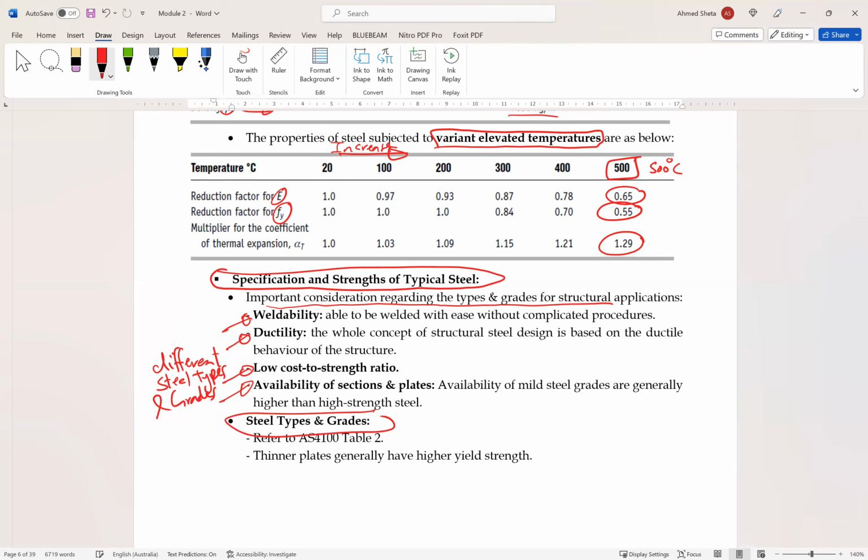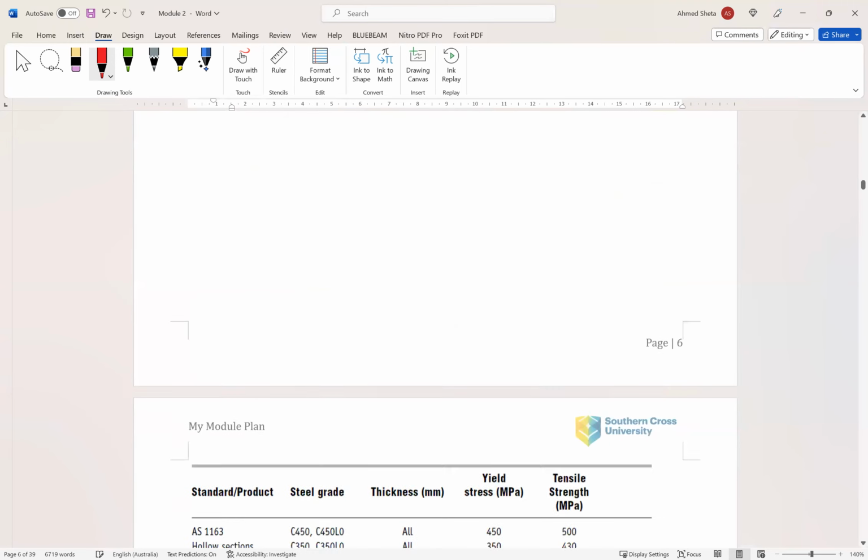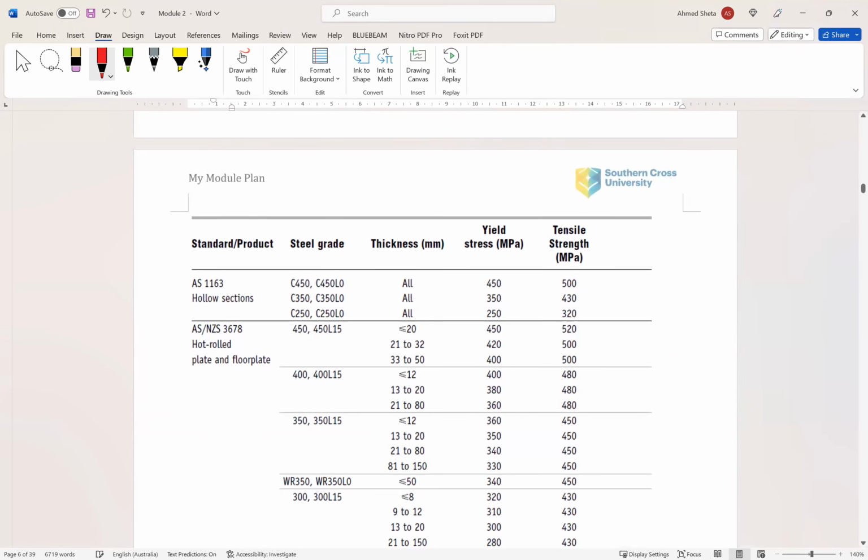Steel types and grades are based on AS 4100, and in general, thinner plates have higher yield strength. These are the steels available in Australia.